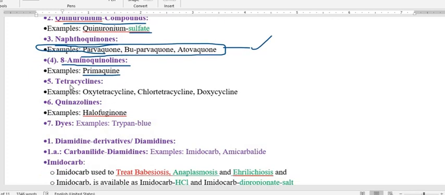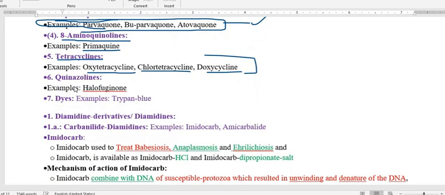The next group is 8-aminoquinolines; an example is primaquine. The next group is the tetracyclines, and the drugs are oxytetracycline, chlortetracycline, and doxycycline. This is the antibiotic group. Then quinazolines; the example is halofuginone.